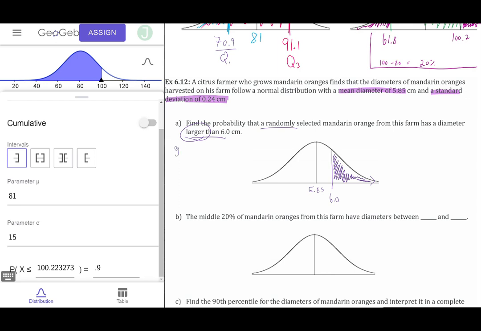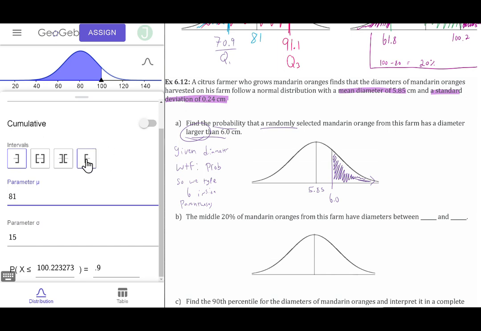Now, for this one, we are given the diameter, and we're being asked to find the probability. So we're going to type 6 inside the parentheses. So we just need to type the rest of the stuff in here.